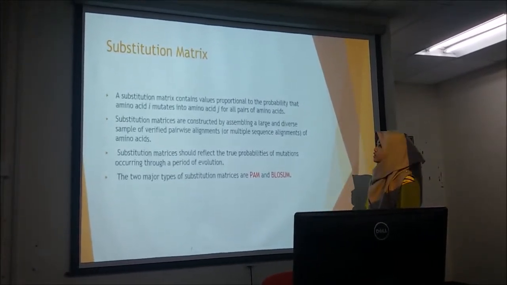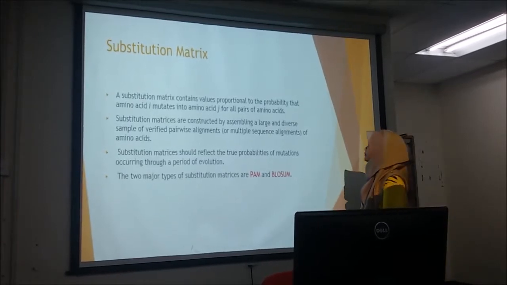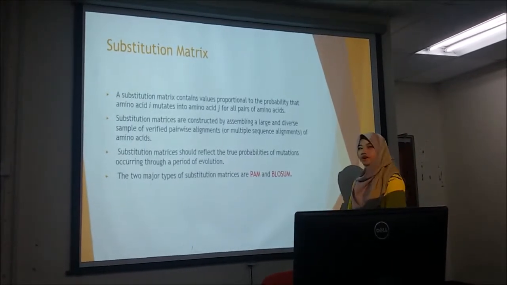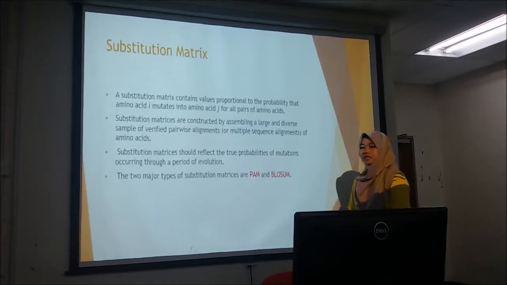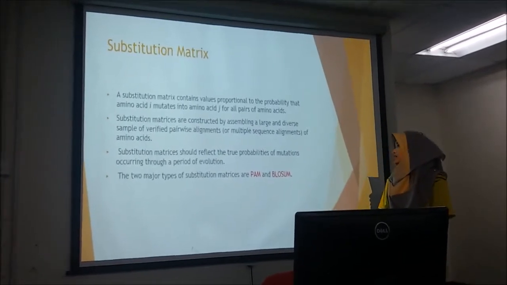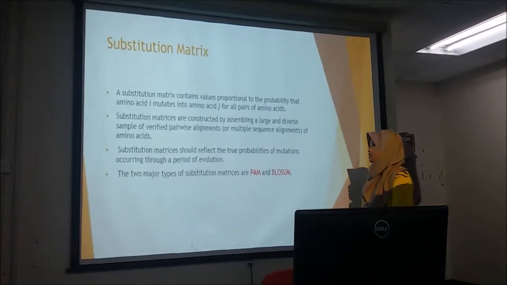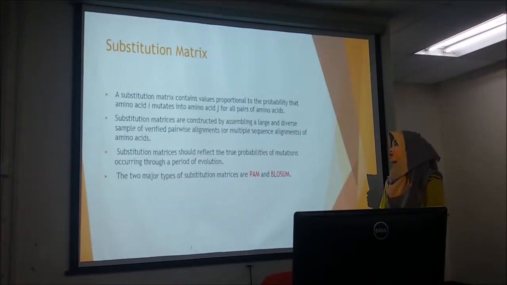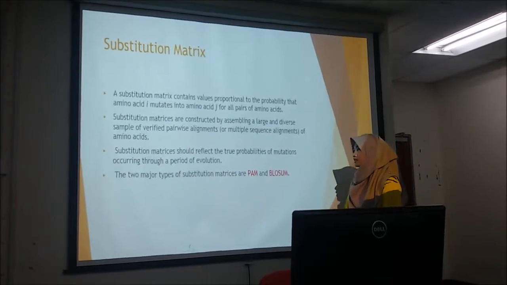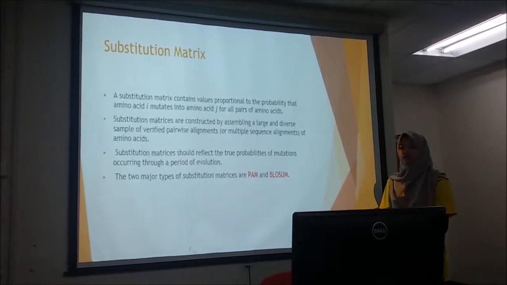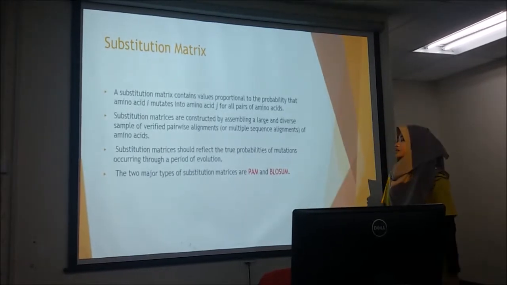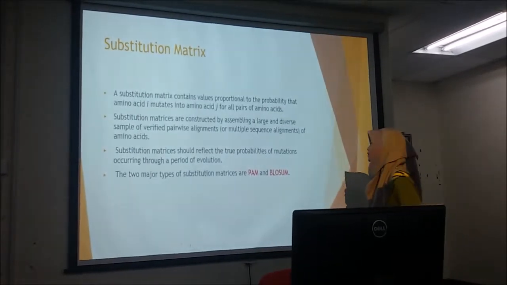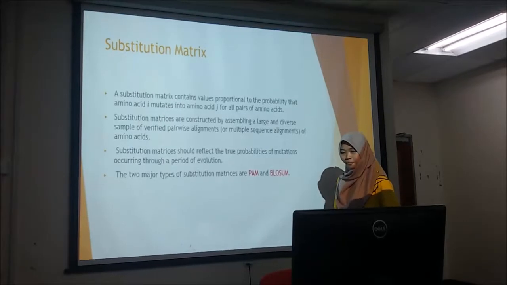These substitution matrices are constructed by assembling a large and diverse sample of verified pairwise alignments or multiple sequence alignments of amino acids. Substitution matrices should reflect the true probabilities of mutations occurring through a period of evolution. So there are 2 major types of substitution matrices, which are PAM and BLOSUM.